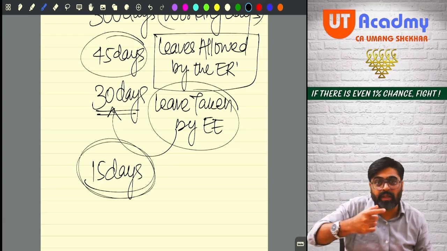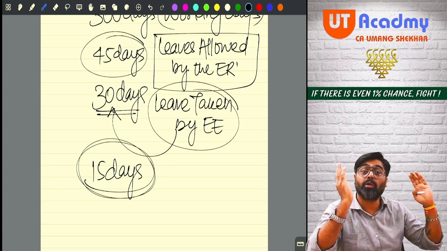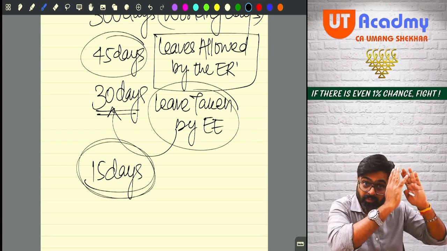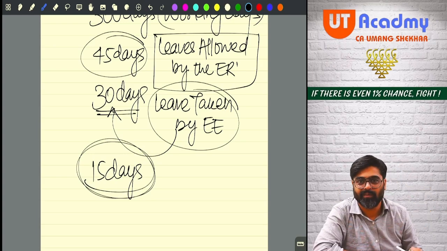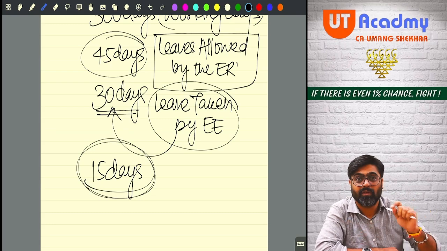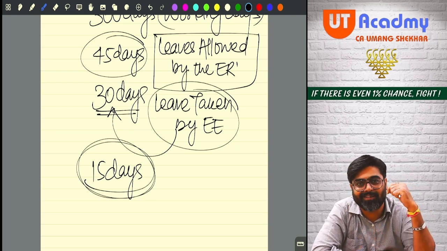Whatever leaves you have saved throughout your service period, for all those leaves, just imagine how many days, how many months of leaves will be saved. For all those days of leave, the employer will give you one-time encashment.